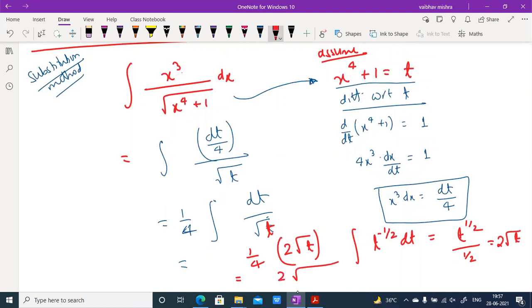It becomes 2 root x to the power 4 plus 1 divided by 4, that is half into root of x to the power 4 plus 1. Done?